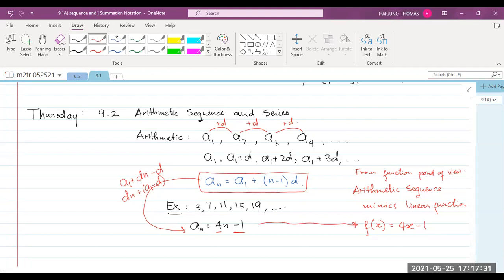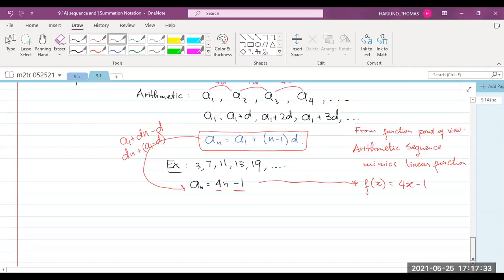Now, S sub n is the sum of the first n terms. We also call that the nth partial sum.